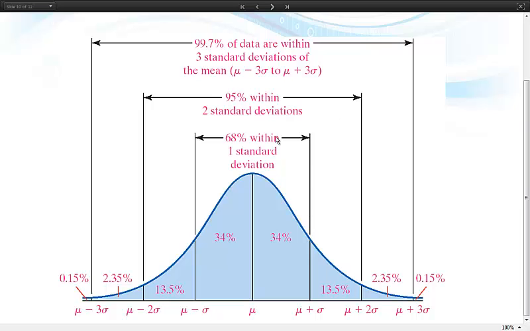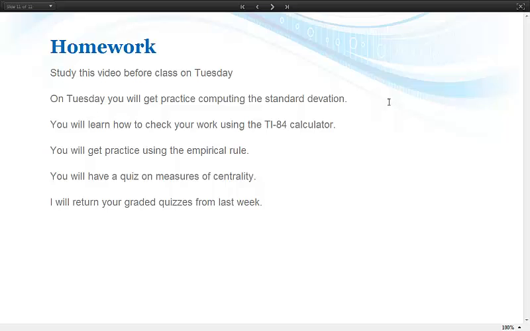These numbers become precise when our population actually has a normal distribution, but they're a good estimate for many, many samples we get from populations. Notice that only a tiny fraction of the values, 0.3%, that's 0.15% above and 0.15% below, fall outside of this 3 standard deviation interval.